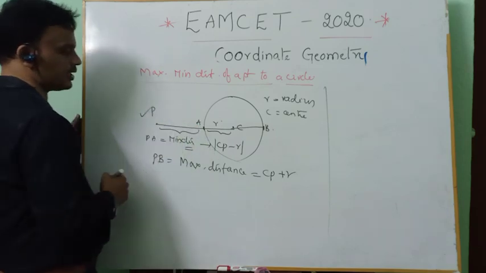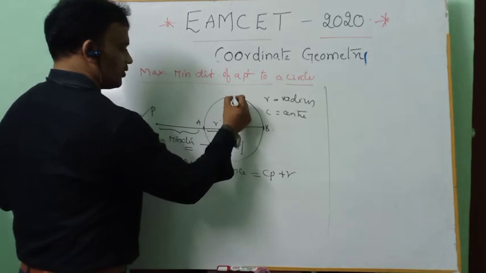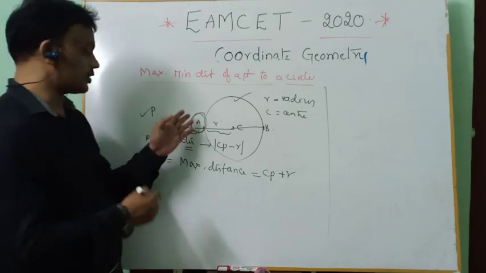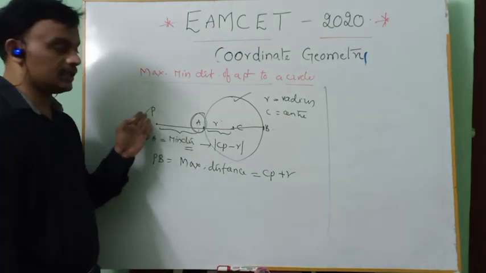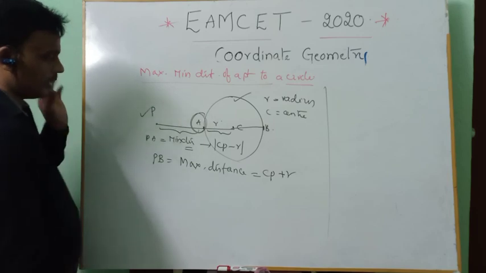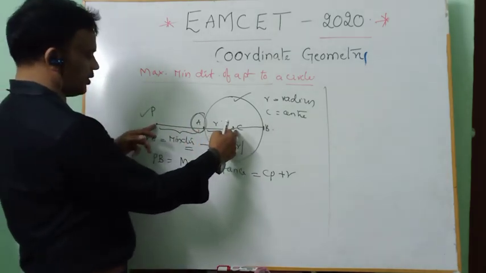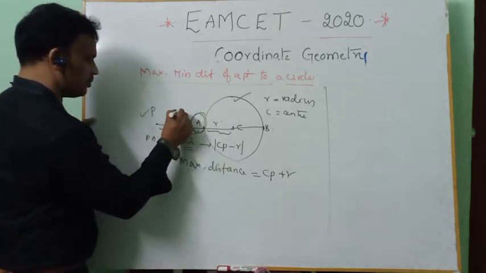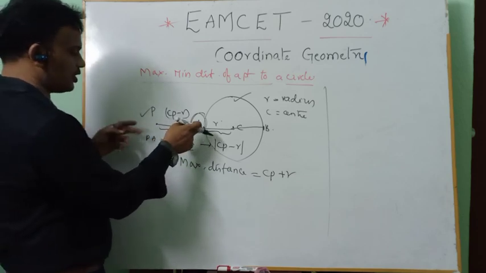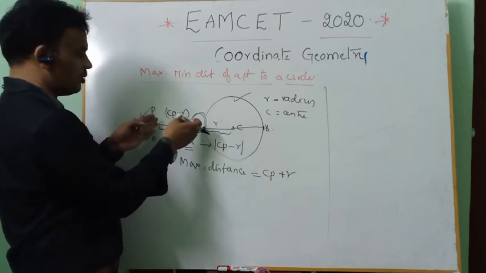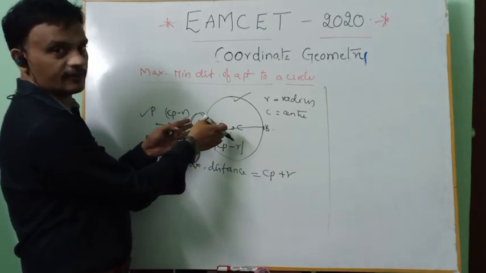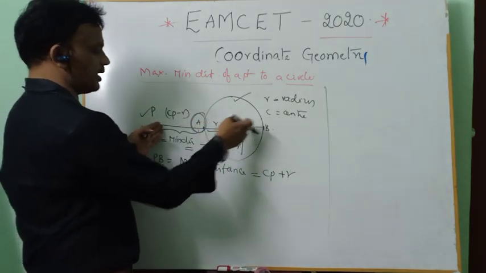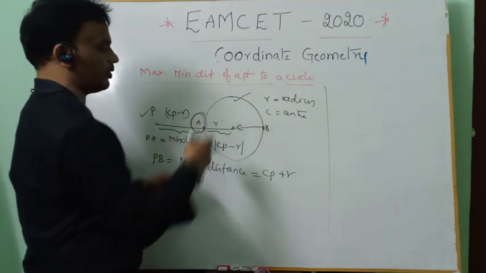They give you that point and the circle, and ask you to find the point on the circle nearer to P. Clearly, it is the point A which divides CP in the ratio (CP − r) : r internally. For the farthest point, it divides CP in the ratio (CP + r) : r externally.